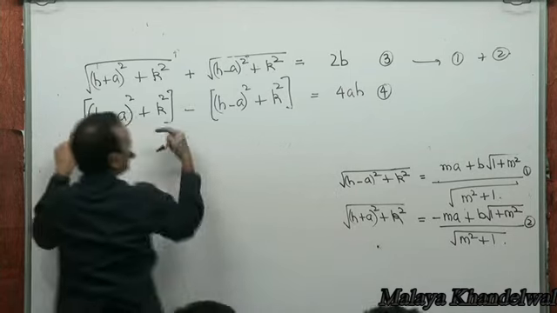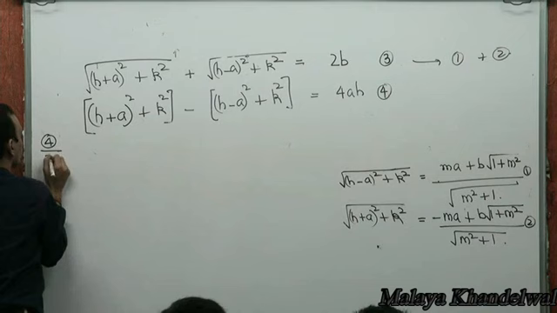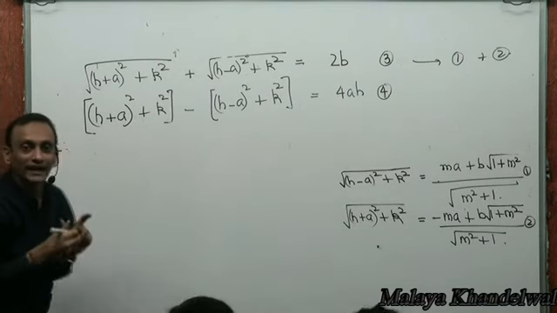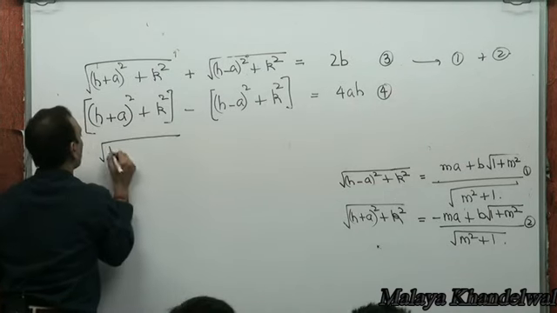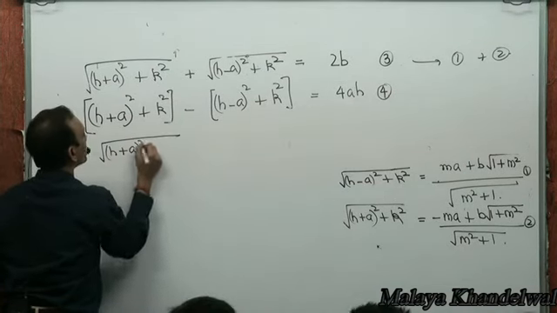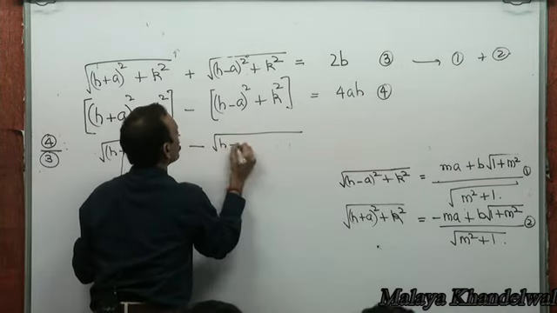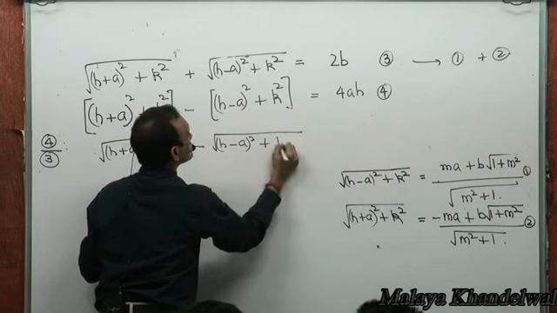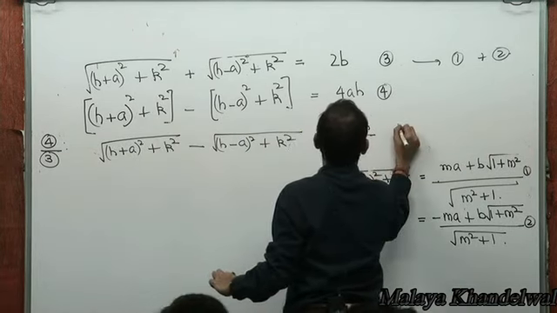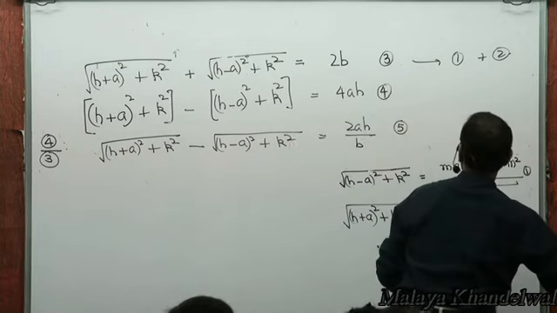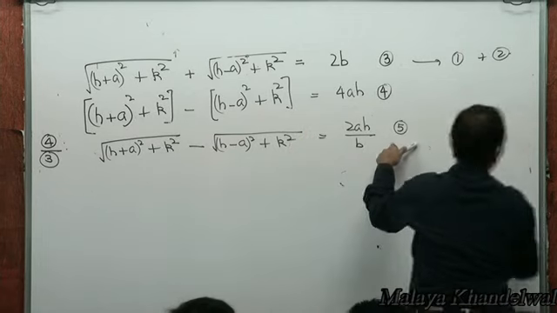So when I divide 4 by 3, what do I get? Root of (h plus a) whole squared plus k squared minus root of (h minus a) whole squared plus k squared, which is 2ah by b. Yes or no? No, I'll add 3 and 5.